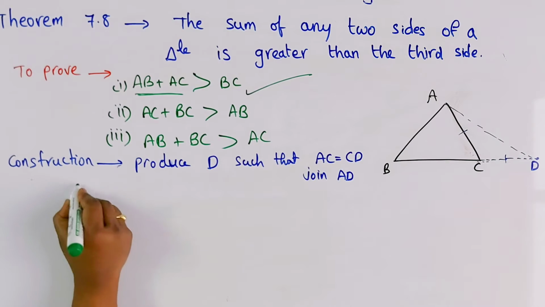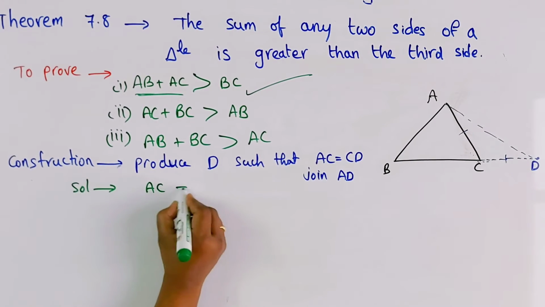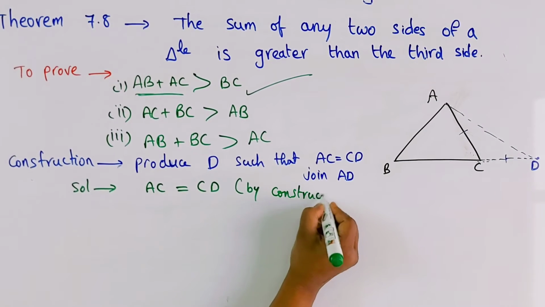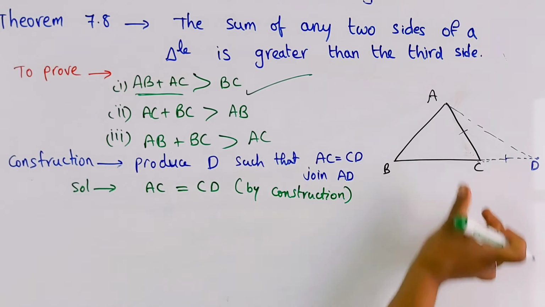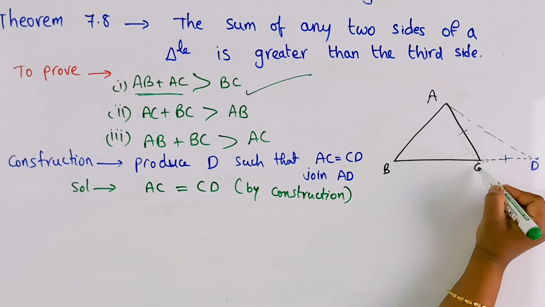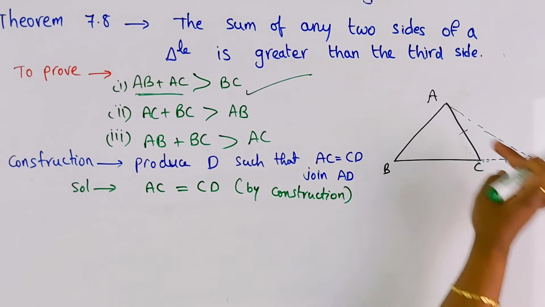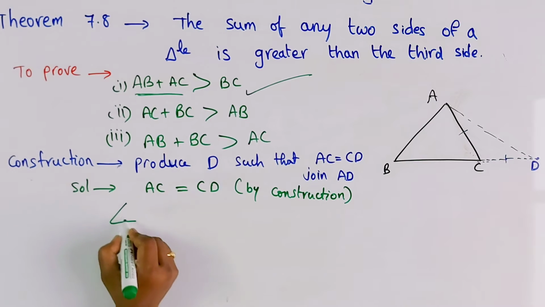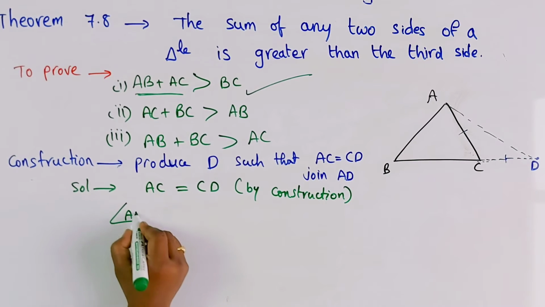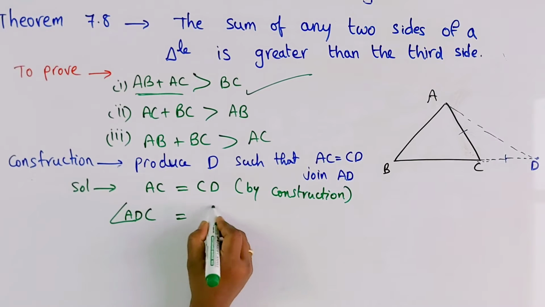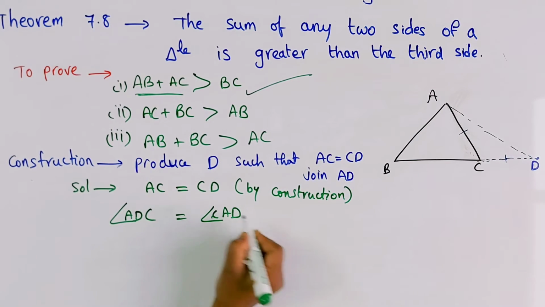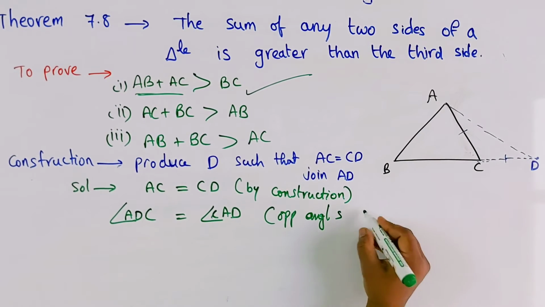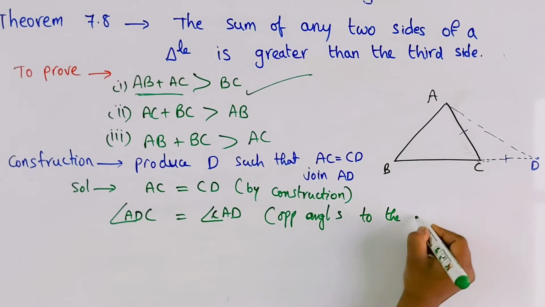Here we know that AC equals CD by construction. That means AC's opposite angle, angle ADC, is equal to CD's opposite angle, angle DAC. Right, children? Angle ADC equals angle CAD, opposite angles to the equal sides.